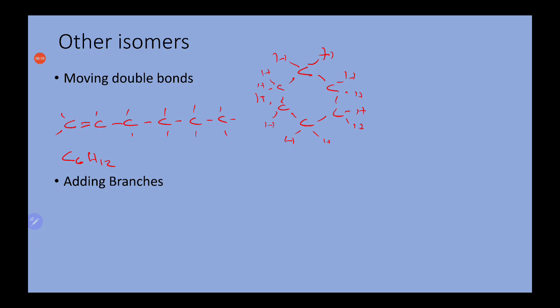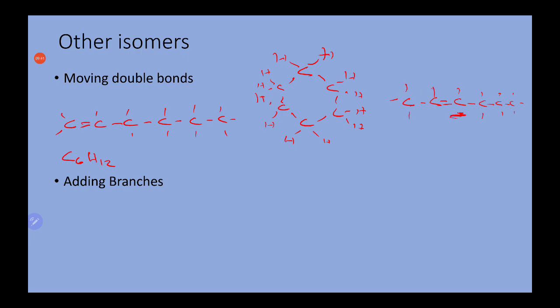Now you need to be careful with this, and I'll show you a couple of examples where that won't work. But in this one, because it's a nice long alkene, we can move the double bond in one. So if we have 1, 2, 3, 4, 5, 6, I've put in an extra hydrogen there, so let's ignore that hydrogen.